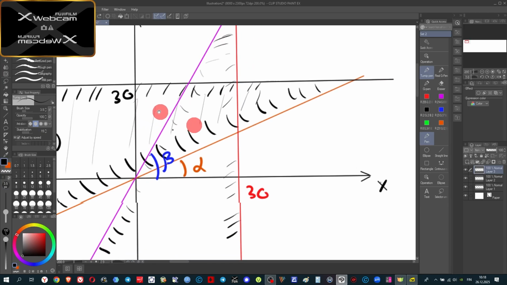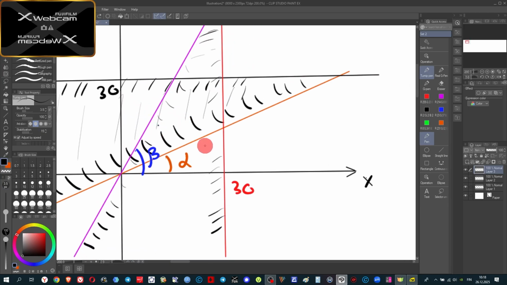So let's look closer. Now you can look at these lines and you can notice that this figure here is not just a rectangle, but it's simply a square, because this is y equals 30, this is x equals 30, so the coordinate of this point is simply 30, 30. And the trick here is if you try to calculate manually how many integer points xy you have in this quadrilateral, you can do it, but it will be a pretty tedious process.